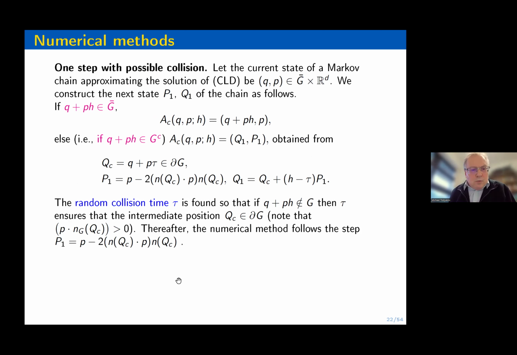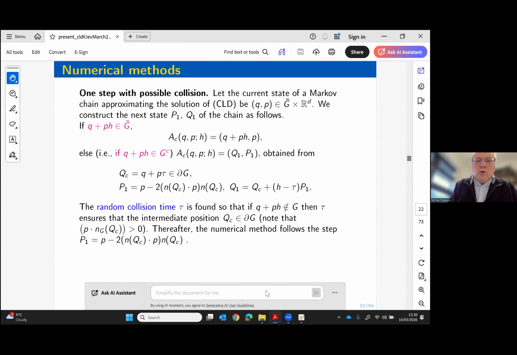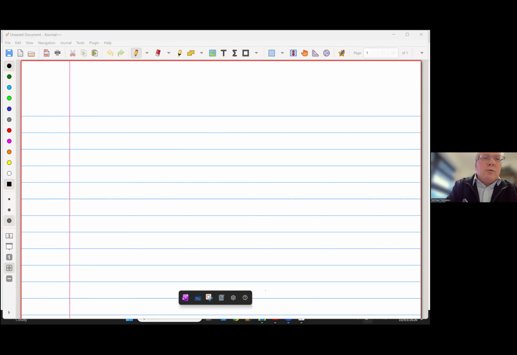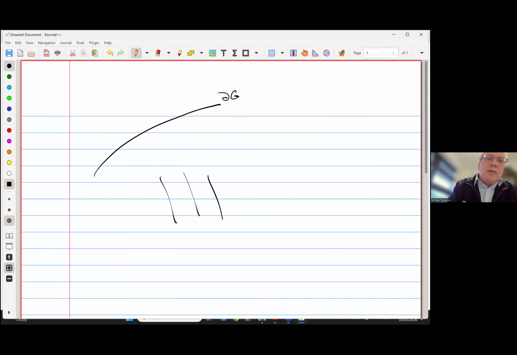What I want to try to do is to switch to a picture, to show what we do, and then you will see it in formulas. So we have a boundary, and this is my domain G going in that direction.